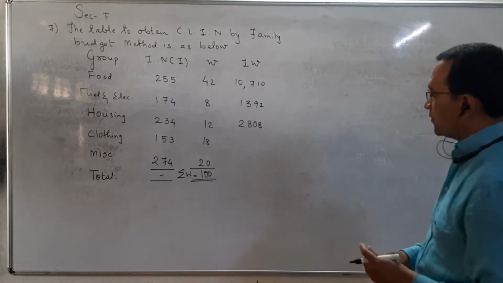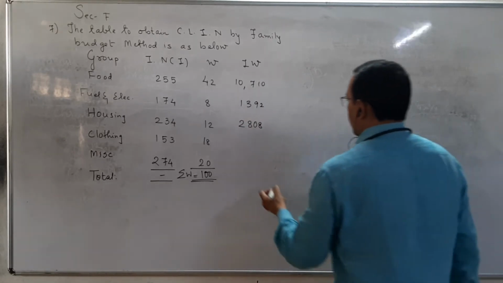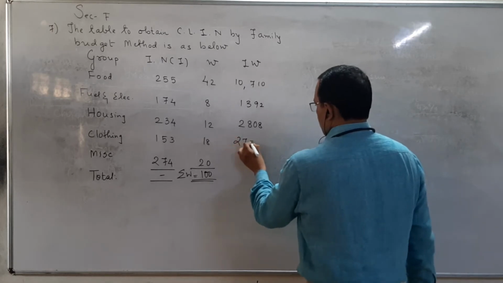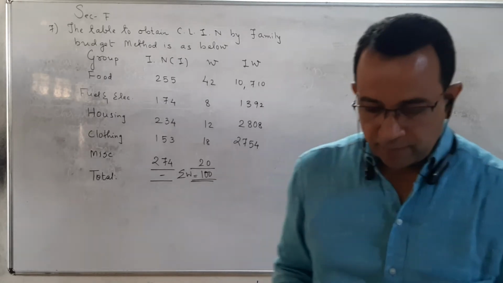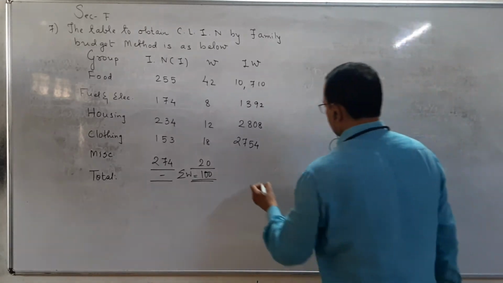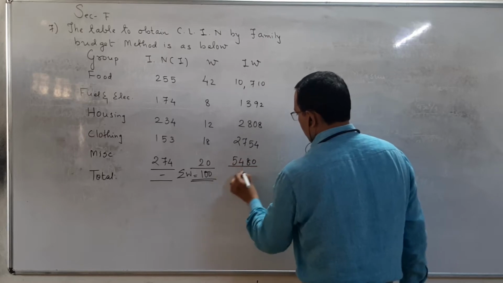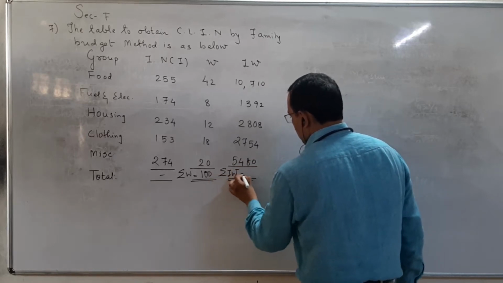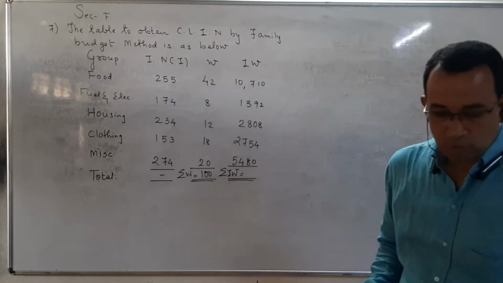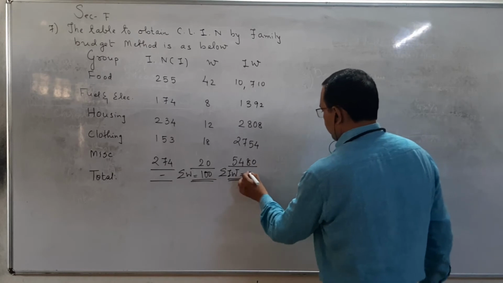Then 153 into 18, so 2754. Then 274 into 20, 5480. And the total of IW works out to 23,144.